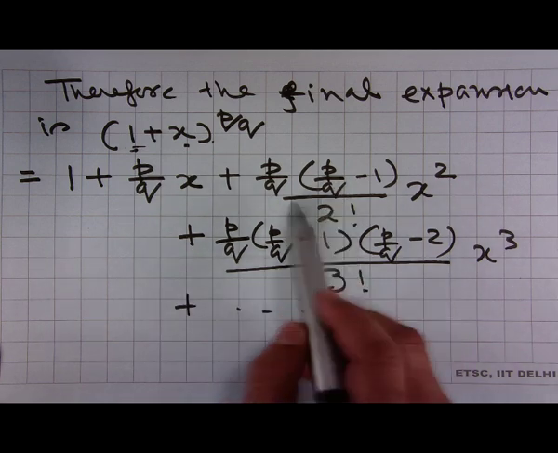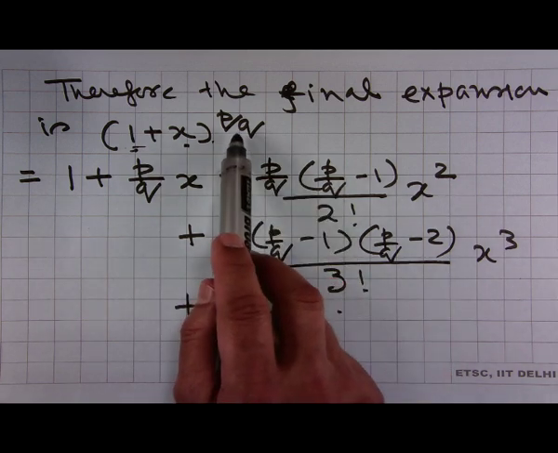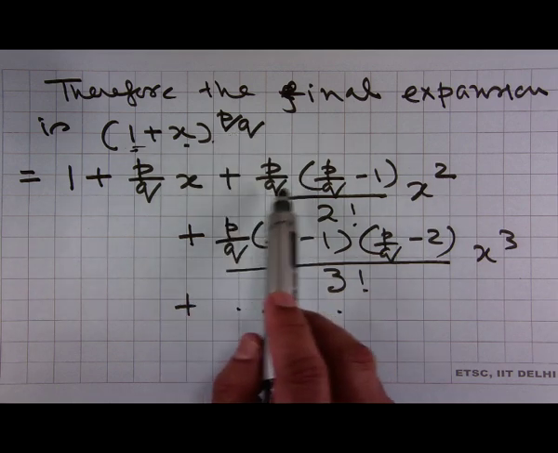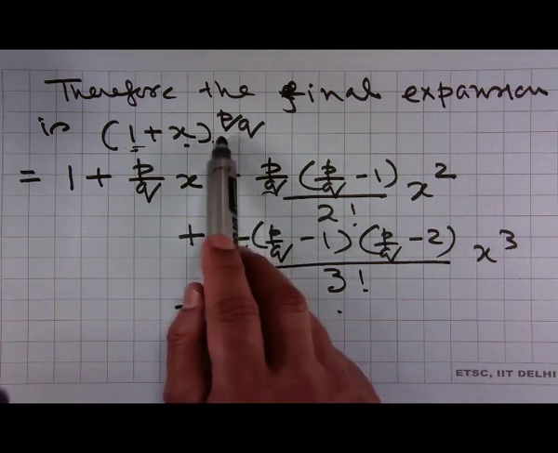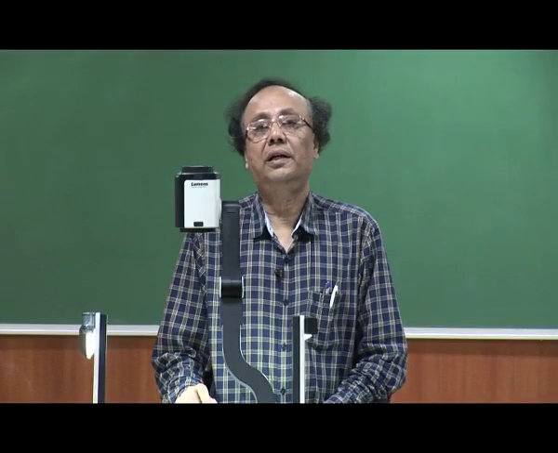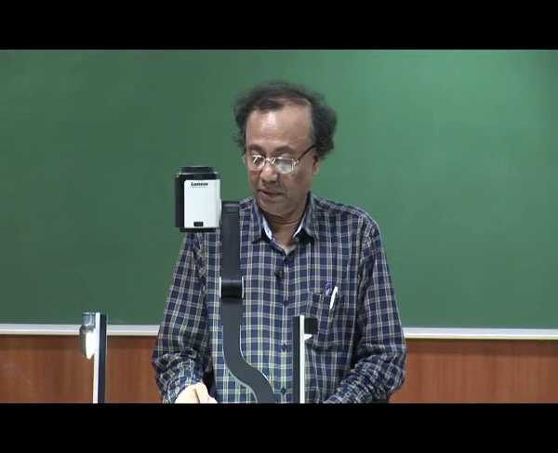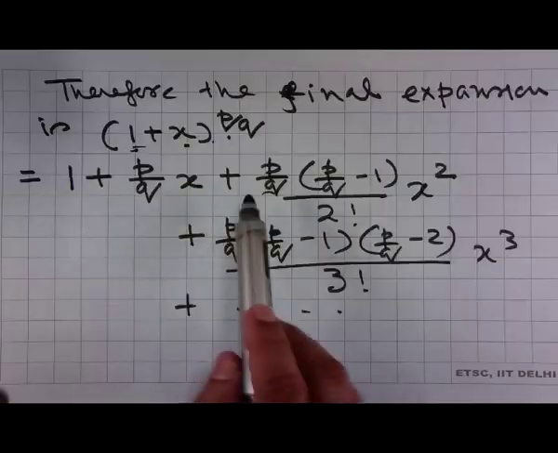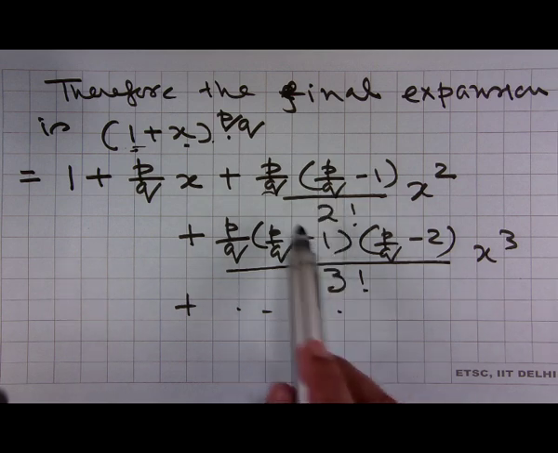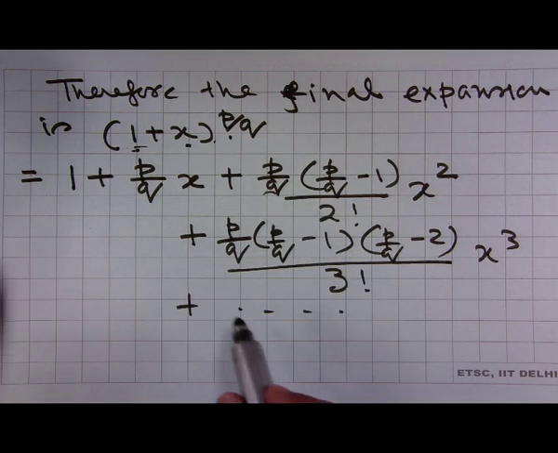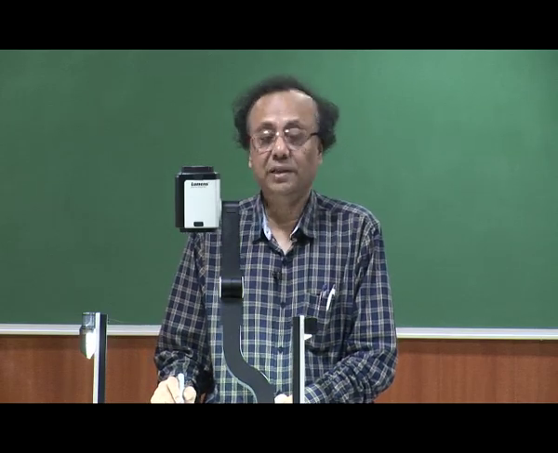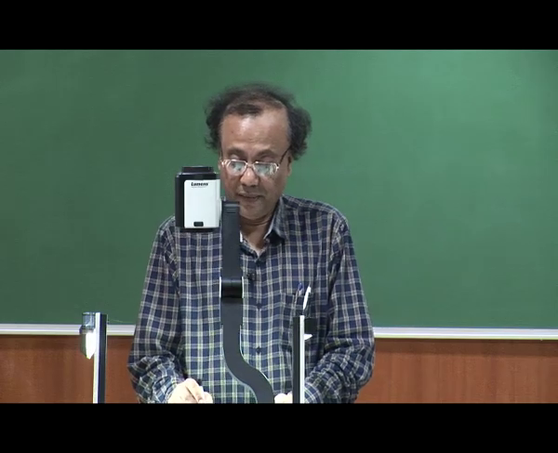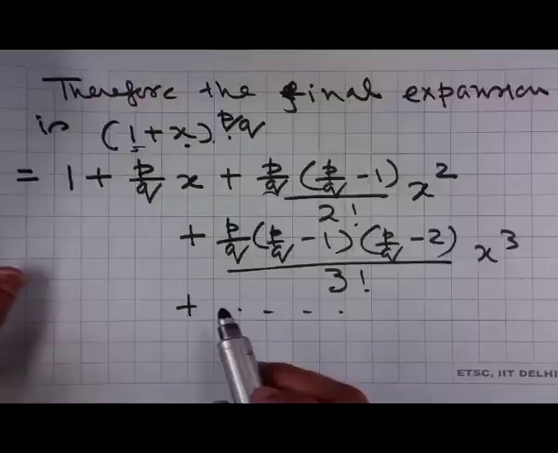And the only thing that we have to remember is that for positive integral we can write it as n choose r or NCR, that we cannot do when we have a negative integral index or a rational index like p by q, but we can rewrite it in the following form and we can get the series expansion for any binomial expression with power as an integer or a rational number.